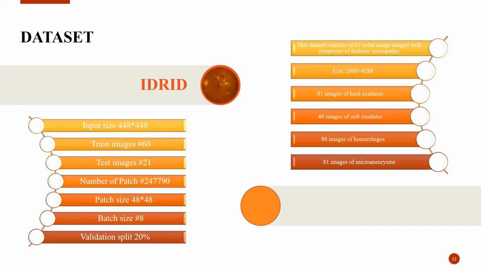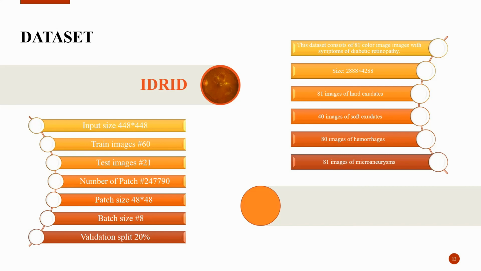This dataset consists of 18 colored images with symptoms of diabetic retinopathy with pixel annotation of abnormalities associated with diabetic retinopathy such as hard exudates, soft exudates, microaneurysm, and hemorrhage.